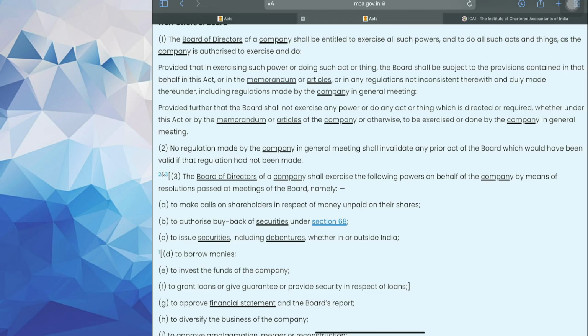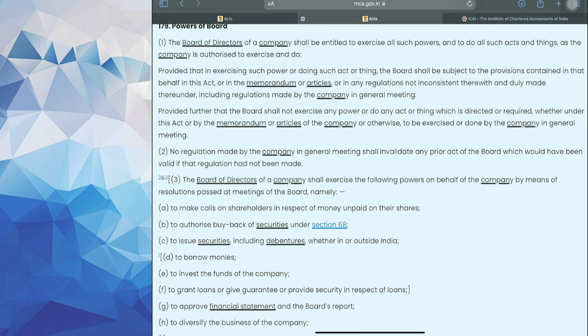Have you read sub-section 1? Proviso 1 and proviso 2? Understood the concept clearly? Read proviso number 1: provided that in exercising such power or doing such act or thing, the board shall be subjected to the provisions contained in that behalf in this Act, memorandum, articles, regulation not inconsistent therewith and duly made thereunder. We are reading it as what? Resolution of the board of directors, and last one, regulations made by the company in a general meeting.